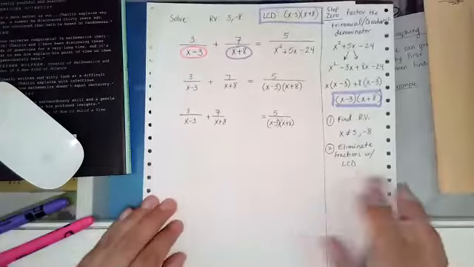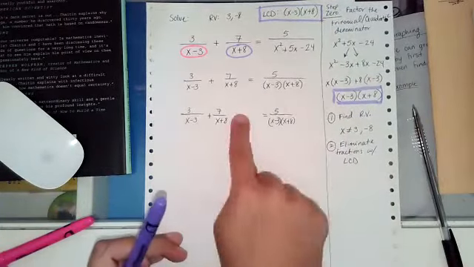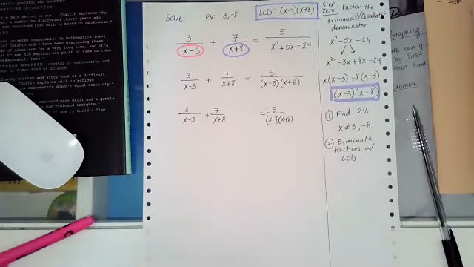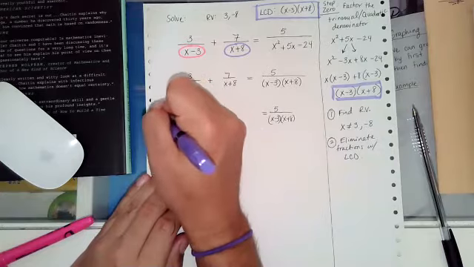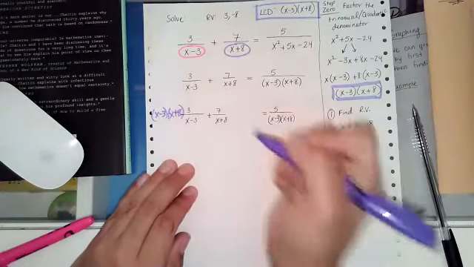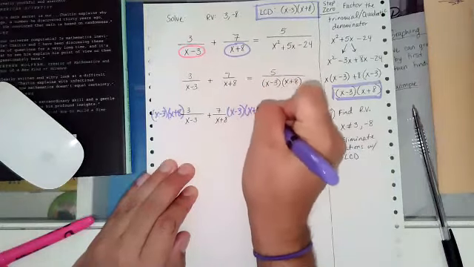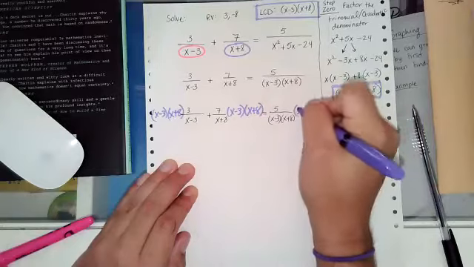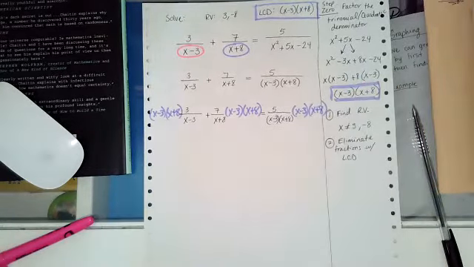Okay. And I'm going to try to squeeze in the LCD here, here, and here. So I have x minus 3 and x plus 8, x minus 3 and x plus 8, x minus 3 and x plus 8. And I'll let you guys catch up because I know that's a lot of writing.